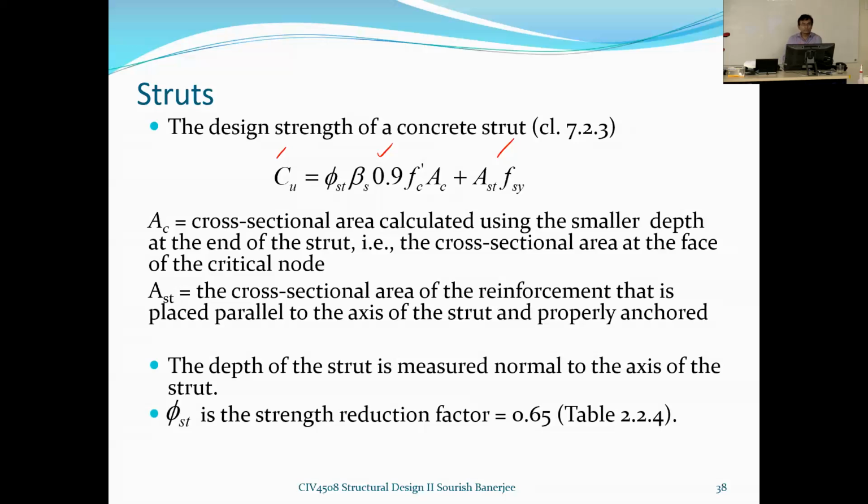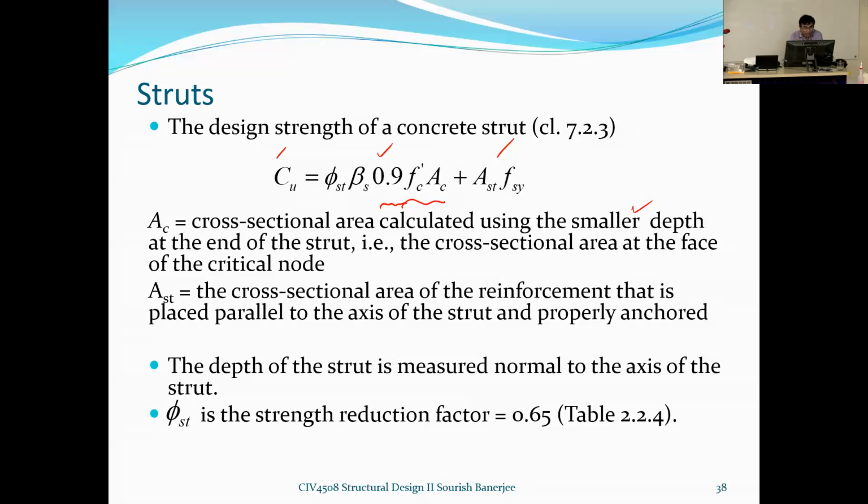If you look at the first term, you know all these terms, right? F'c Ac, which is basically the compressive force. We'll add the 0.9 also, so we have considered 0.9 times f'c, which is basically your compressive strength. Now f'c is the characteristic compressive strength of concrete, which you are already familiar with. Then Ac is the cross-sectional area calculated using the smaller depth.